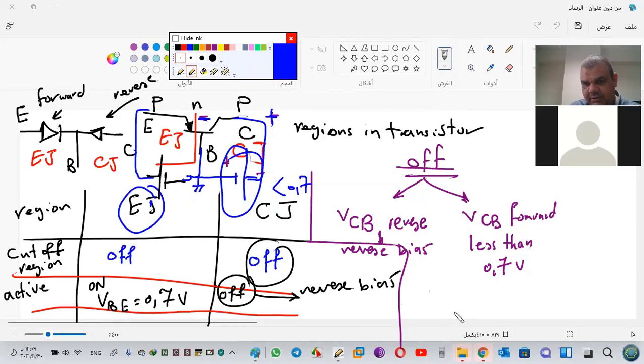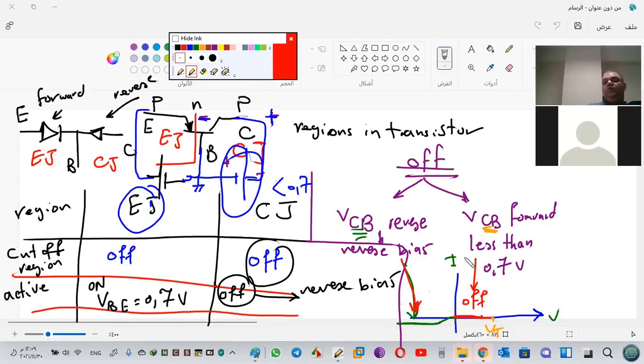If you remember this explanation, I will draw the axis. First, all reverse bias, so it's reverse bias here. This is I with V. Second one, V_CB less than 0.7, this is V_T. Also, this is off. So how many offs do we have? We have two offs, and after that this is on.